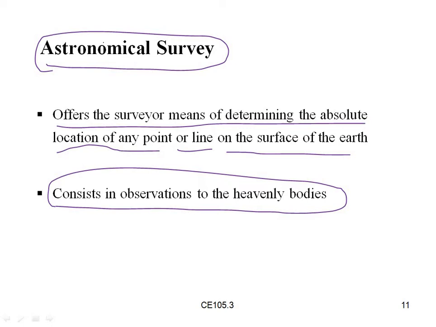And the astronomical survey is the surveying done in space, by the space agencies with their satellites. And where the rockets will be moving to the top of the surface, they will be determining the surveying in space. These are called astronomical surveys.